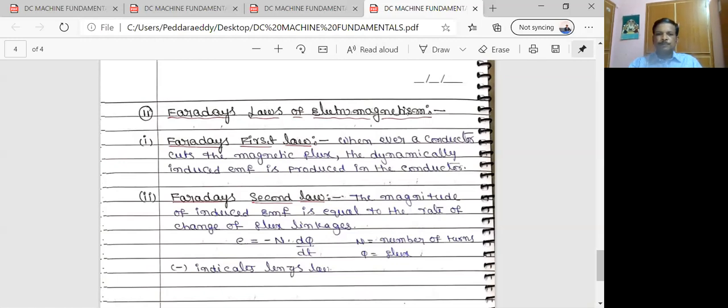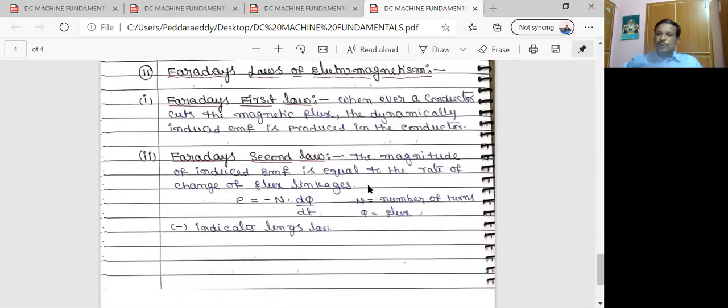So what does Faraday's first law say? Whenever a conductor cuts the magnetic flux, a dynamically induced EMF is produced in the conductor. Now Faraday's second law: the magnitude of induced EMF is equal to the rate of change of flux linkages.